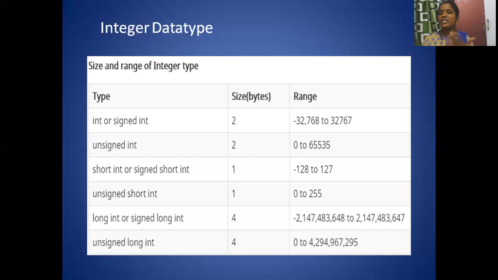Same way, for unsigned integers, you don't have negative numbers. So 2 bytes, 16 bits. So 16 bits in 8421 code. Please learn it, the binary system. You will be having 8421 code. That means 2 power 0, 2 power 1, 2 power 2, 2 power 3, and so on.